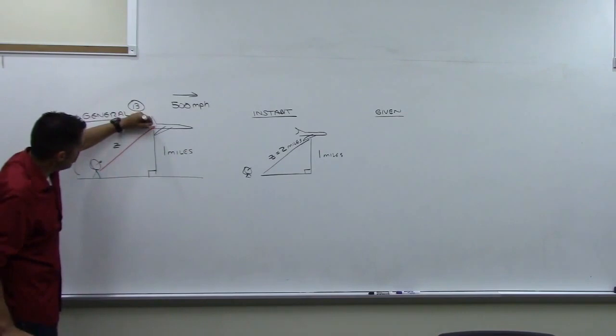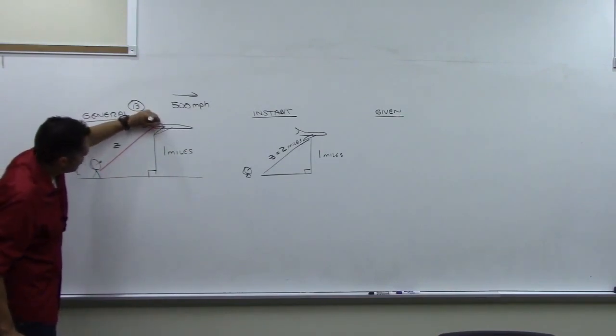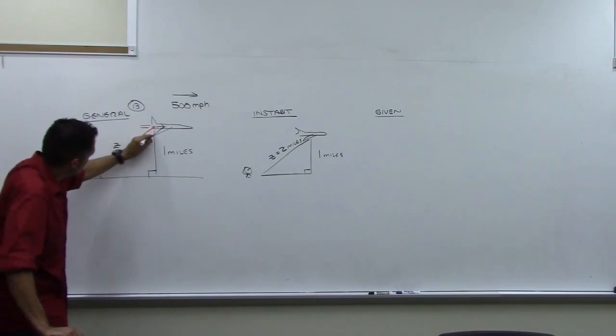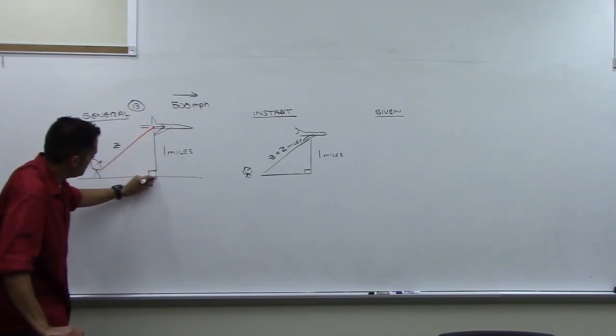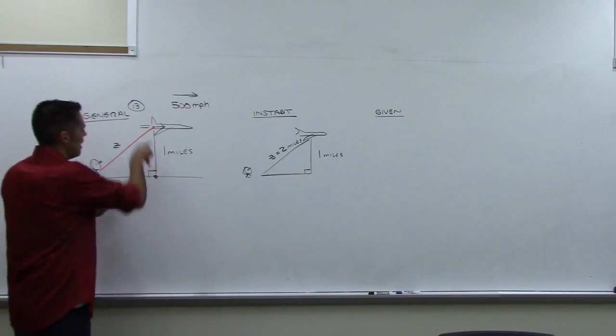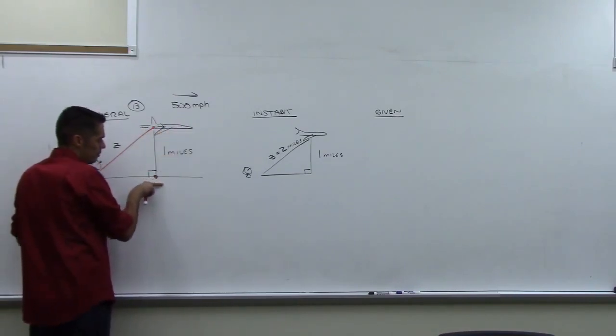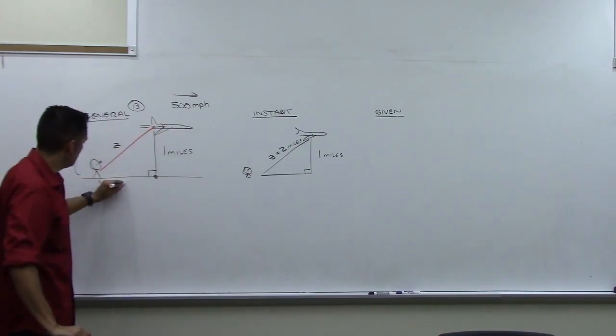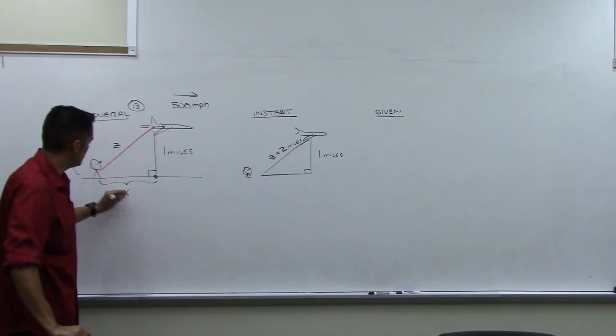So this point right here is moving in this direction at 500 miles per hour. And we can imagine that that point corresponds to this point. And so as that plane moves, this point moves, right? These 2 points move this direction at the same rate. And so let's label the distance from here to here. Let's just call this x.